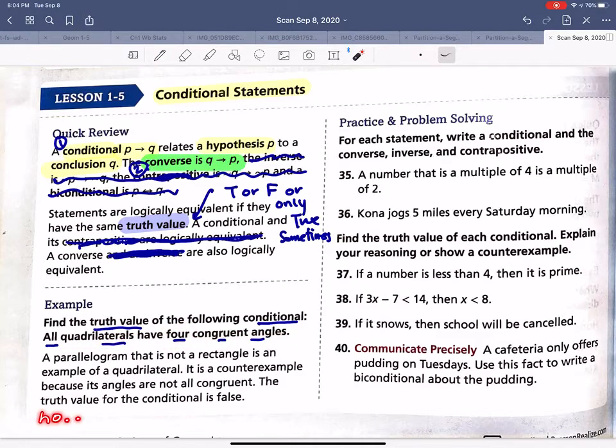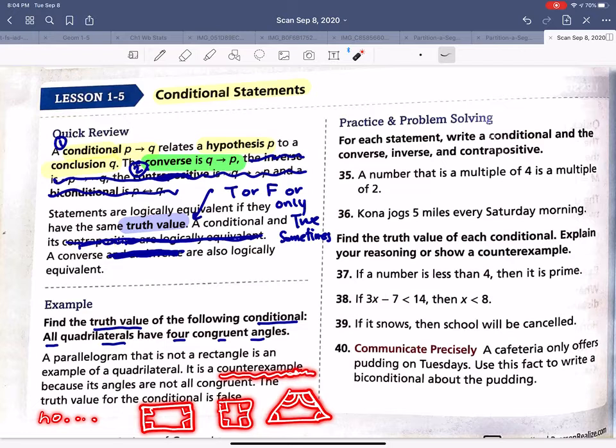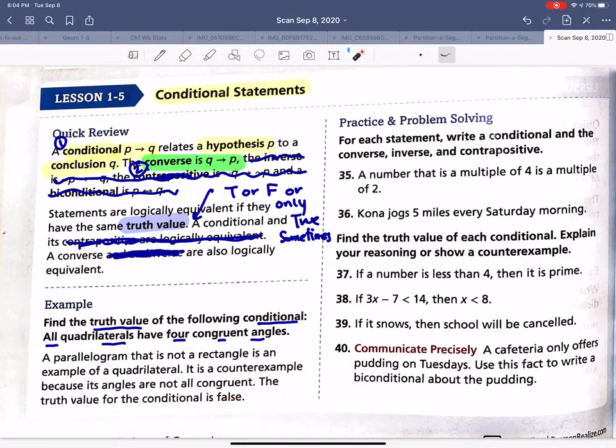No. Only the rectangle and the square have four congruent angles. But I could draw a trapezoid, and this is acute, and these angles are obtuse. So there's an example of, that's what you call a counterexample. I've proven to you that this is not always true. Not always true. Just sometimes true.